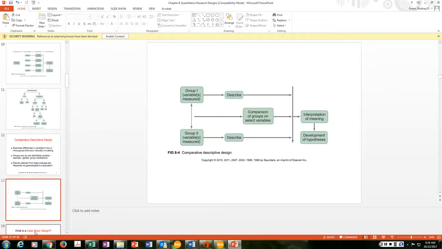Another flowchart for you showing a comparative descriptive design where you have group 1 and group 2. They're both described, and what you're doing is you're comparing the groups on certain variables. That leads to interpretation of meaning and the development of hypotheses for further study.